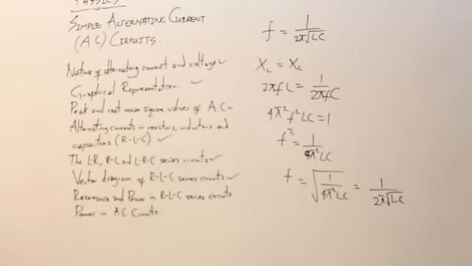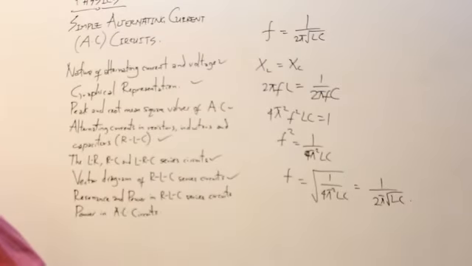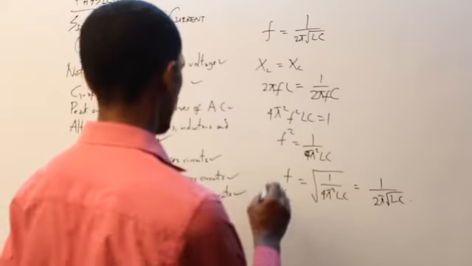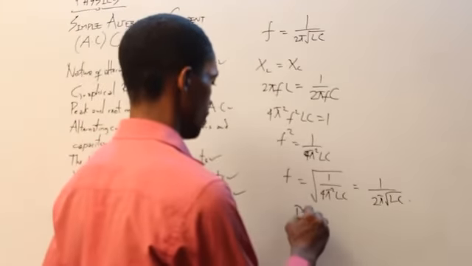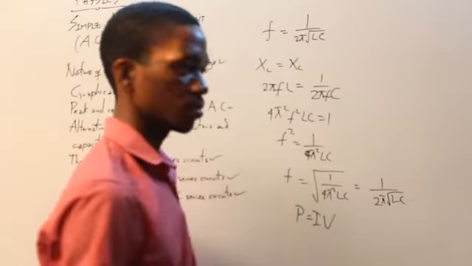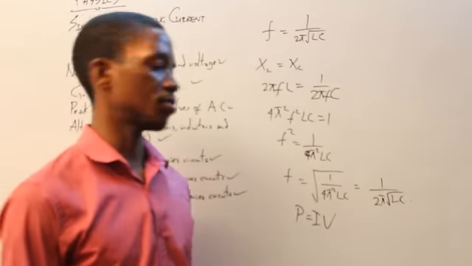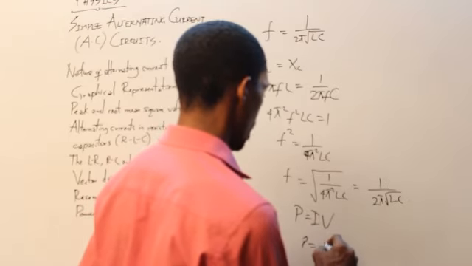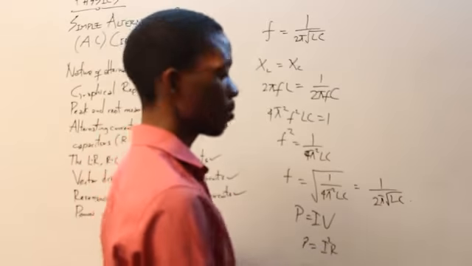At resonance, since all these other ones have no effect, power would be calculated as P equals I squared R, or whichever of the formulas you want to use.